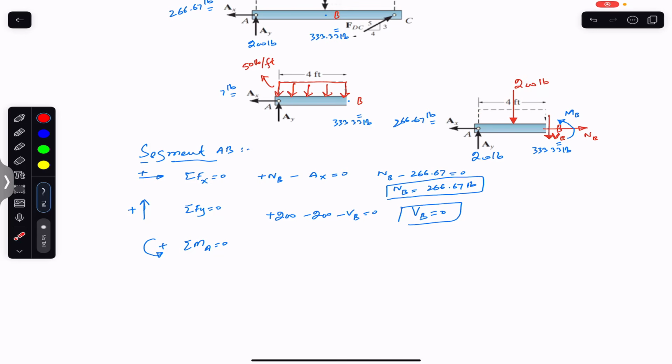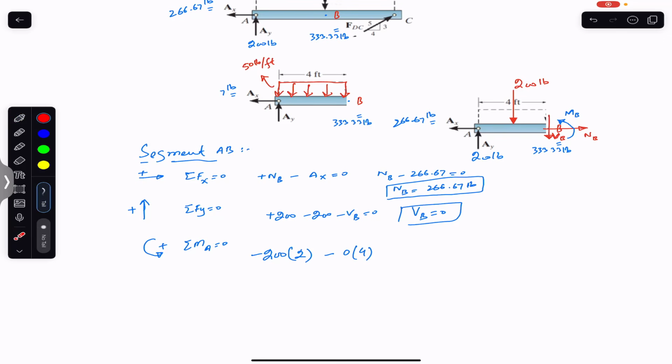So that is 2 feet. So we will write minus 200 into 2. Then VB is also producing a clockwise moment, so we will write minus VB, and the perpendicular distance of this VB from point A is 4 feet. So 0 into 4 will be 0.